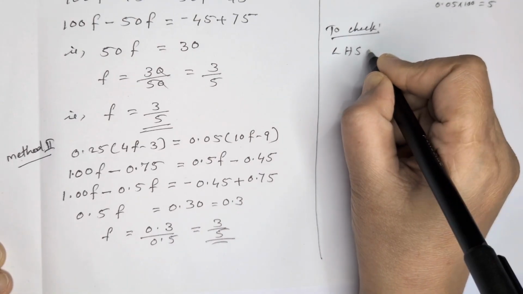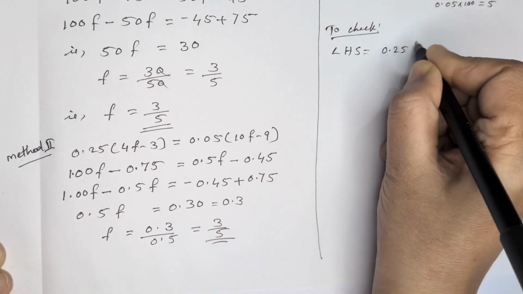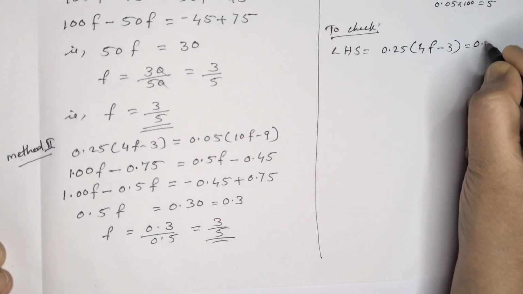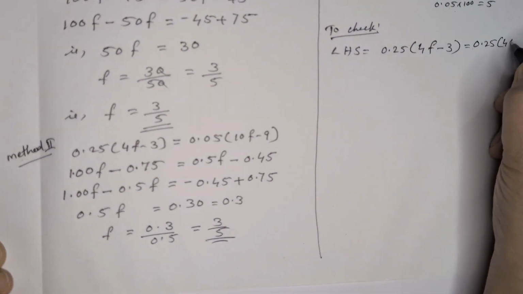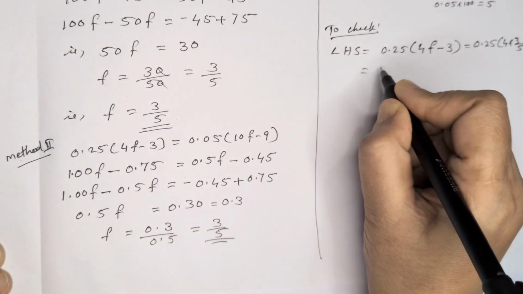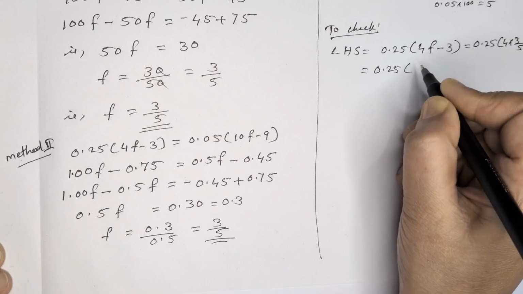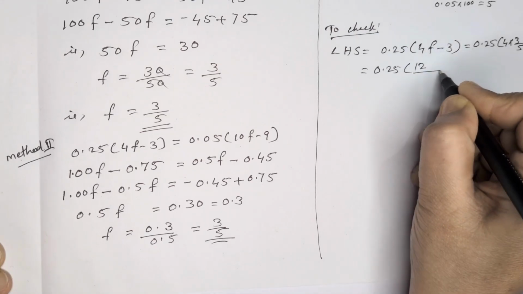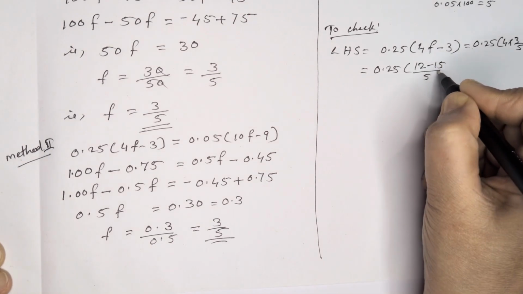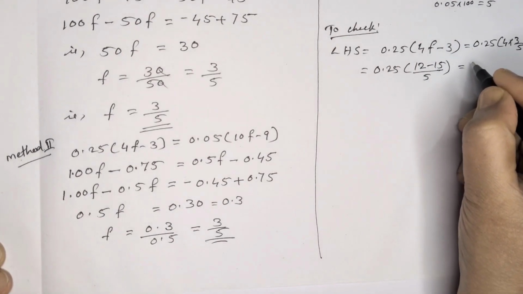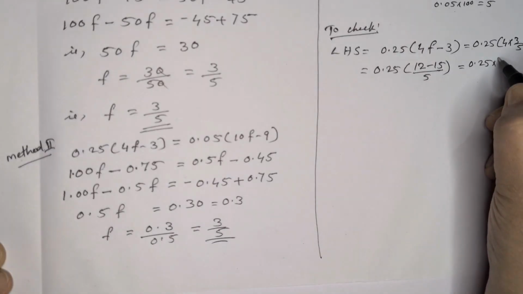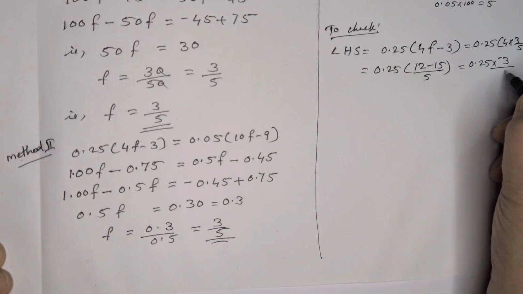Now to check. LHS: 0.25 into (4f minus 3) is equal to 0.25 into (4 into 3 by 5 minus 3). That means 0.25 into (12 by 5 minus 3), taking 3 by 1 as 15 by 5, is equal to 0.25 into (12 minus 15) by 5, which is 0.25 into minus 3 by 5.